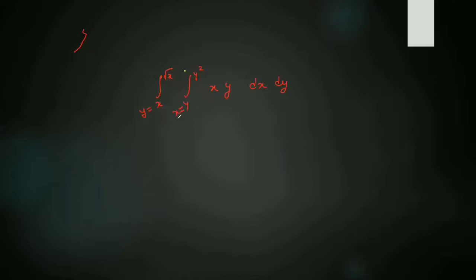X, sir. X only, because here x is varying, here y is varying. The first variable is nothing but x, so we have to integrate with respect to x. It doesn't matter if it is dy dx also, we have to integrate dx, dy. Understood?